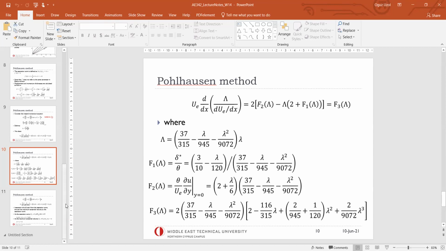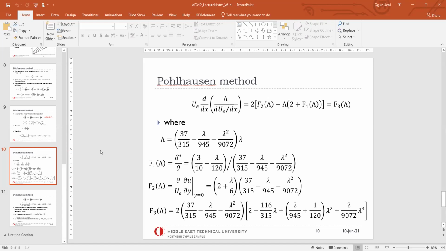So just to recap, one of your friends asked a question about this yesterday. A good question: for steady state laminar boundary layers, especially over a flat plate, Blasius solution is the exact solution, okay?